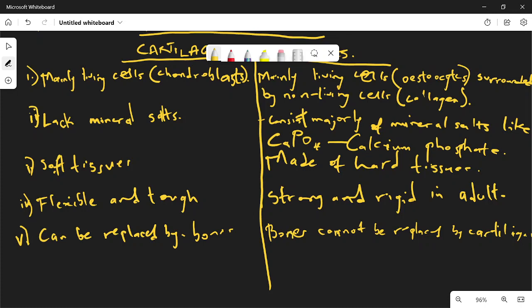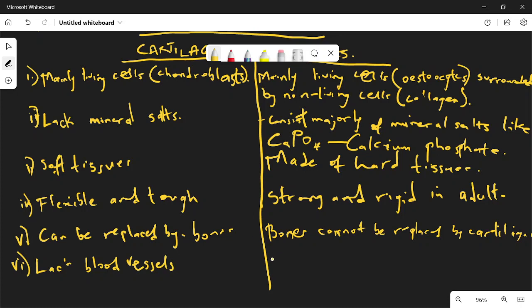And then number 6. Cartilages lack blood vessels.